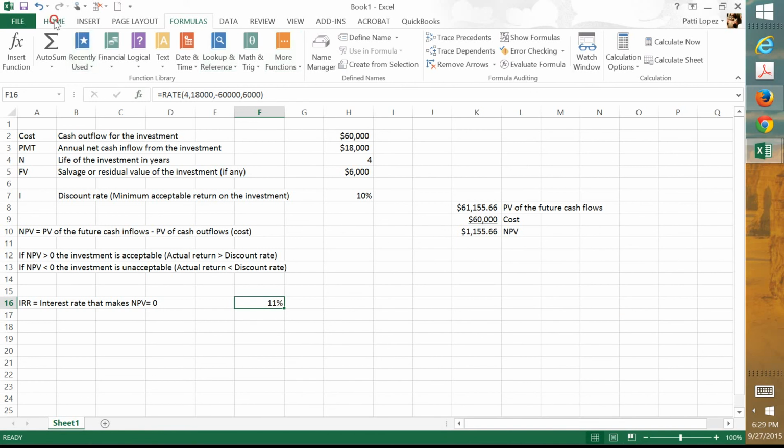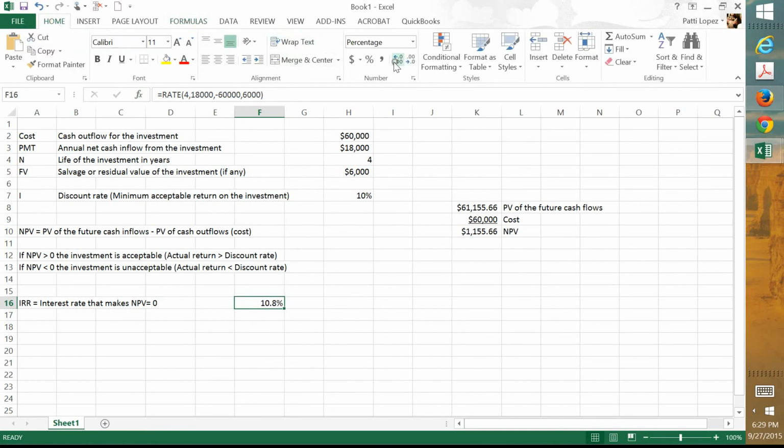We want to get a couple of decimal places here. And we see that it's 10.85%. So the internal rate of return is 10.85%. Once again, an acceptable investment because Big Al was satisfied with 10% and his actual return is 10.85%.